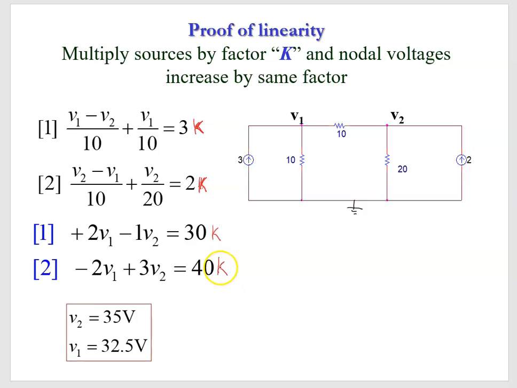And when we go through to solve these equations, these two are going to cancel, and we'll get now 2V2 is equal to 70k, where k is our constant, and V2 is just equal to 35k. So our nodal voltage response has just been multiplied by that constant k. So that's easy enough to show, and that's proof of linearity.